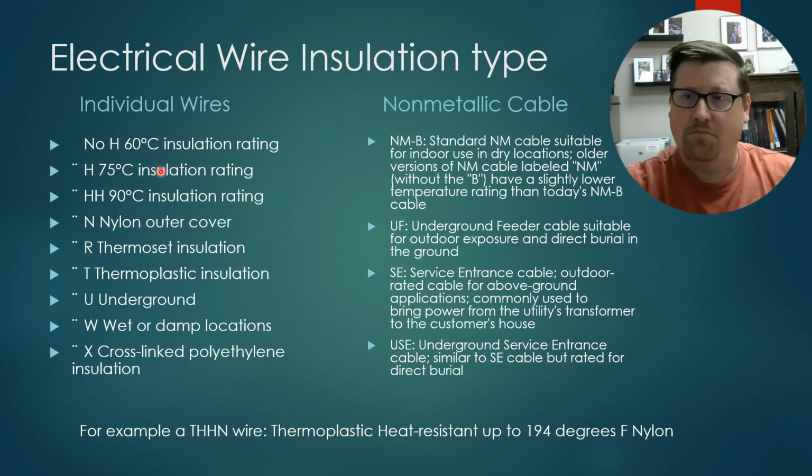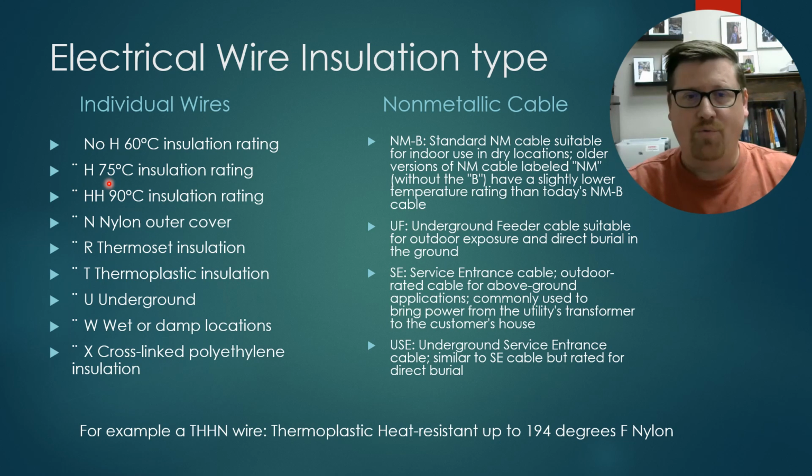If it has 1 H, that's a little better. It's telling us the insulation is rated for a higher temperature. And a higher temperature doesn't just mean the ambient temperature. It also means that wire has electricity running through it, and that amperage creates heat, and we want the jacket of that wire not to melt off or become brittle.